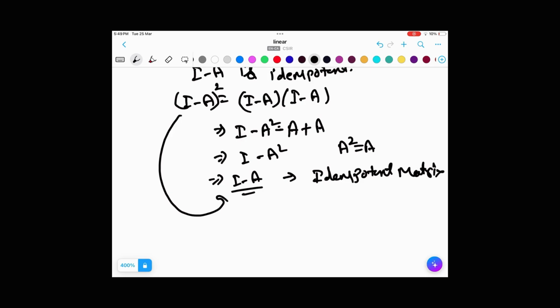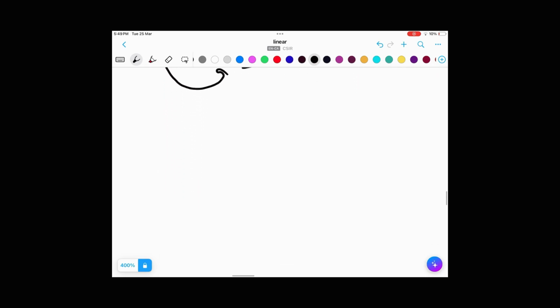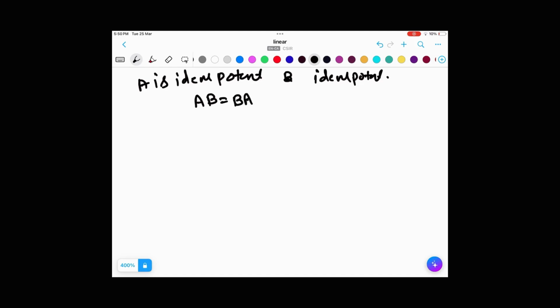Okay. The next thing is: let A be idempotent and B also idempotent, and AB equal to BA equal to 0. It's given that AB equals BA equals 0. Then A plus B is also idempotent.